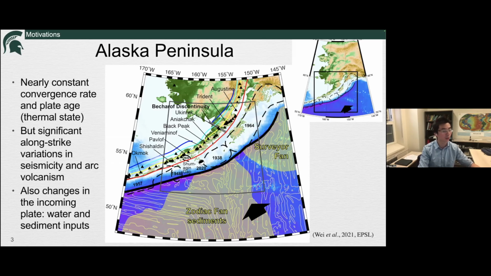Of course, we know there are a lot of variations in all subduction zones, but what's interesting here is that the incoming plate is relatively uniform in terms of age, convergence rate, and convergence direction. But why do we observe changes in the volcanism and the earthquakes?